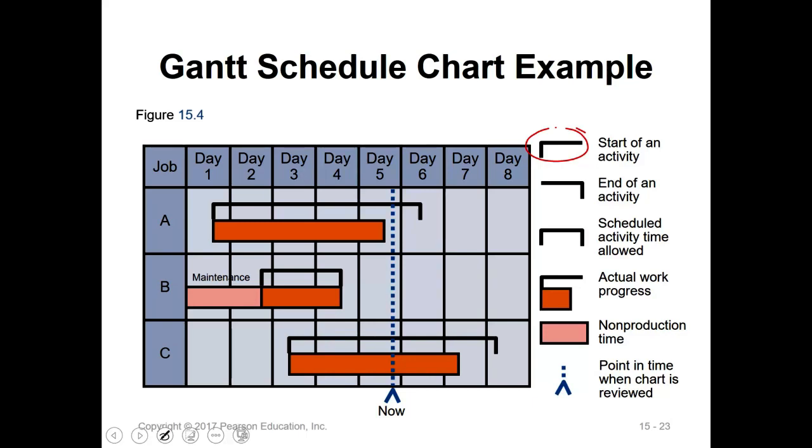So this is the end of the activity. Here it is scheduled activity time allowed. If you use this symbol, you can see for A, totally you need 5.5 days. Okay, it's already scheduled.